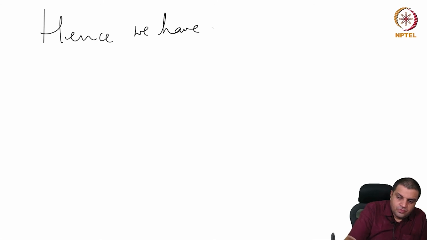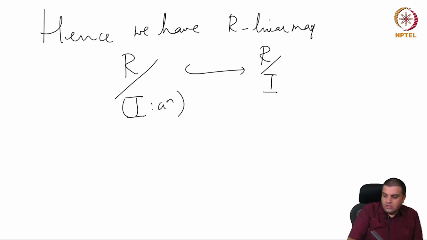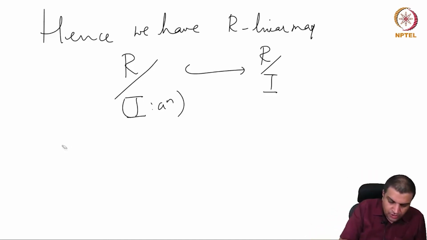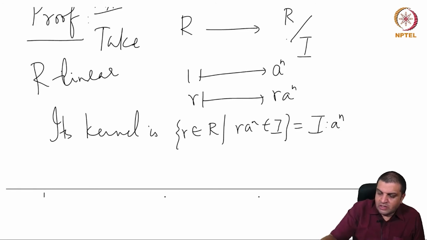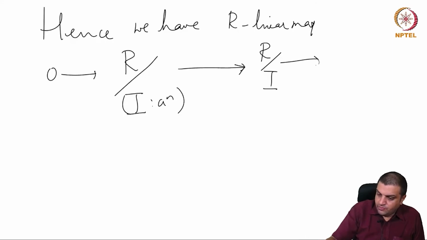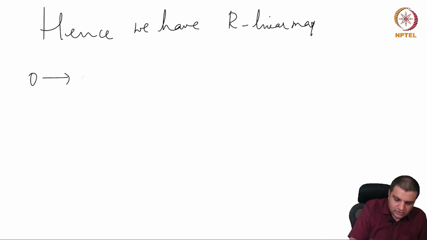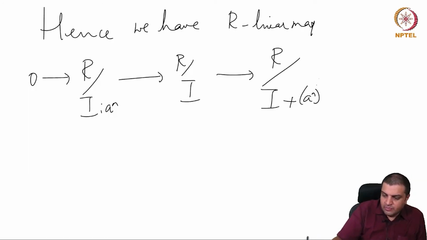Hence we get an injective R-linear map, R mod (I colon A^n) to R mod I. The quotient is the cokernel of this map, which is just R mod (I plus A^n). One should write it as a short exact sequence: 0 to R mod (I colon A^n) to R mod I to R mod (I plus A^n) to 0.